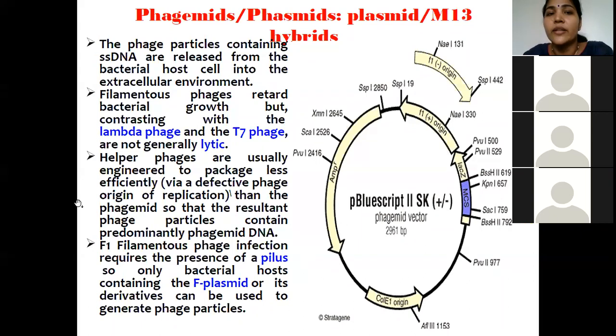You can see over here they have an origin of replication, then they have the lacZ gene, and they have multiple cloning sites which will be recognized by many restriction enzymes, which will help you in making a recombinant DNA. The only thing you have to do is insert this construct back into the bacteria, where it will make more than one copy of that recombinant DNA.